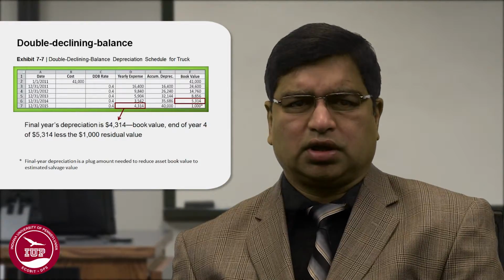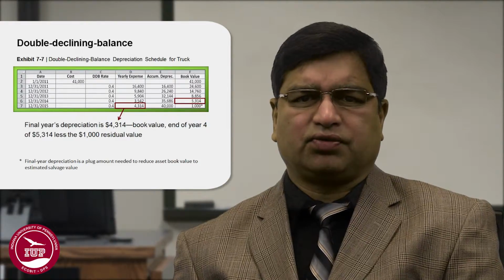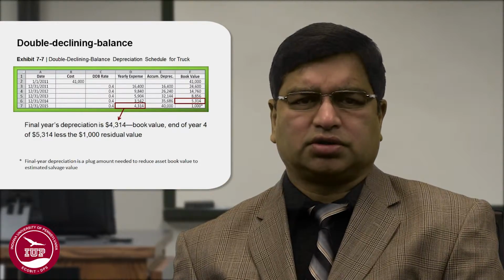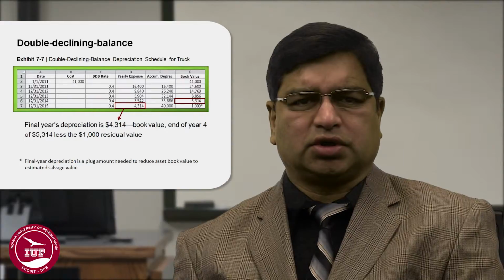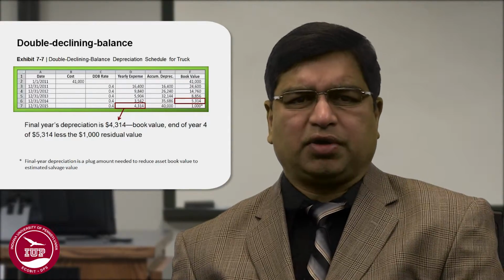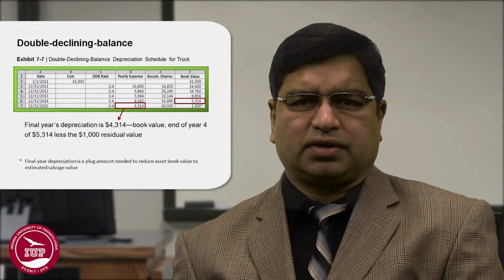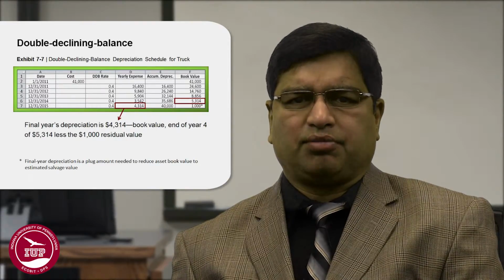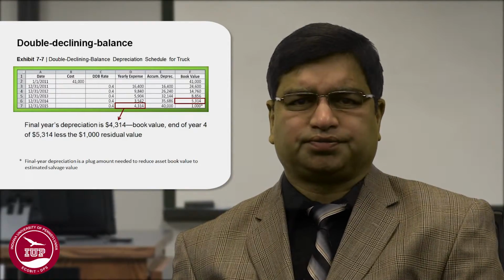In the last year we charged 4,314, and we have a residual value of $1,000 remaining. That was the final year depreciation. It becomes kind of a plug-in figure while maintaining the residual value.